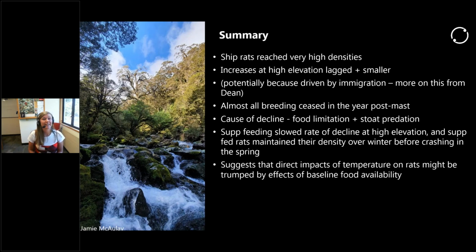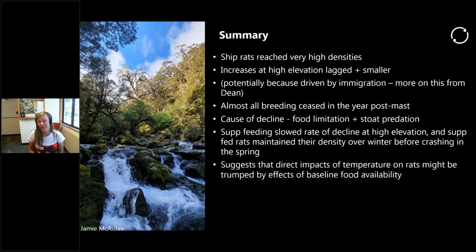Almost all breeding ceased in the year post-mast, and this seems suggestive of a density-dependent effect in relation to food limitation. There's also potentially a role for stoat predation, hastening that crash of ship rats at the site.